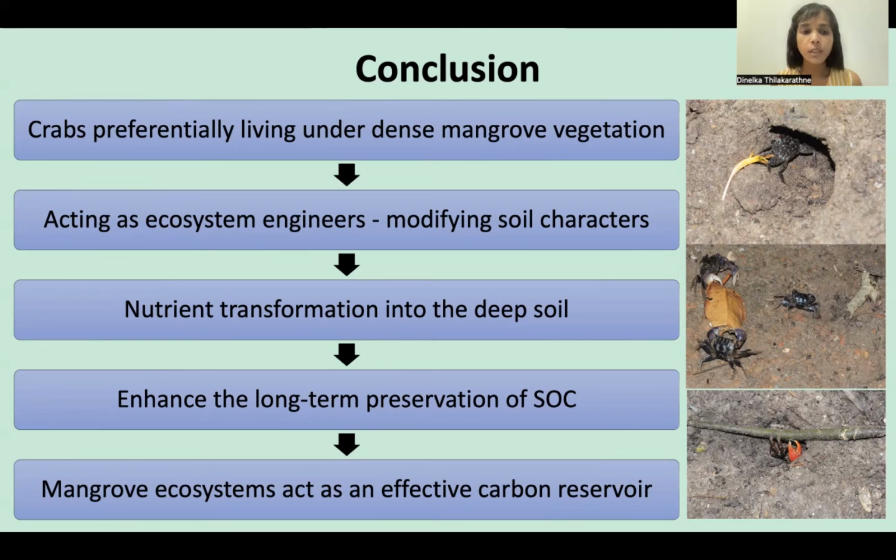Therefore, this mangrove ecosystem acts as an efficient carbon reservoir. The conservation of this mangrove ecosystem, as well as of these crab populations, is really important for the carbon sequestration process on Earth, to balance carbon between air and land.